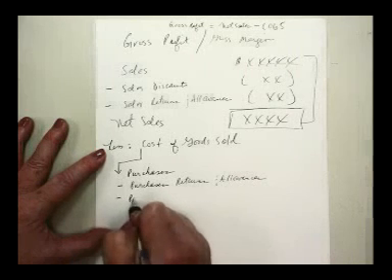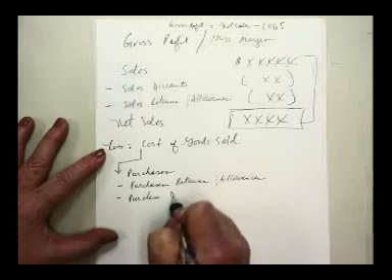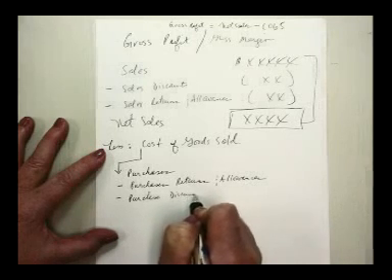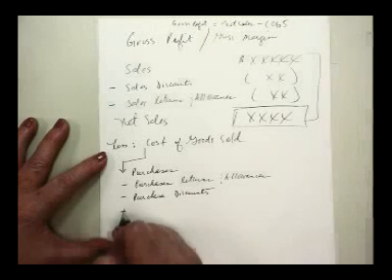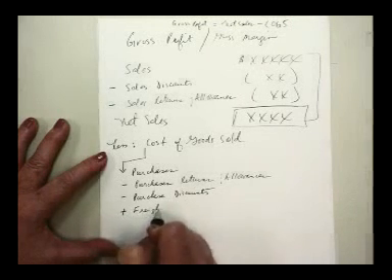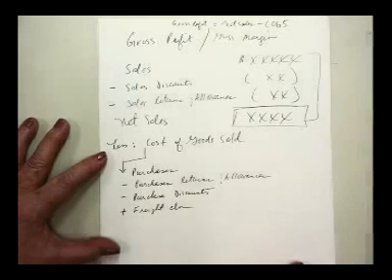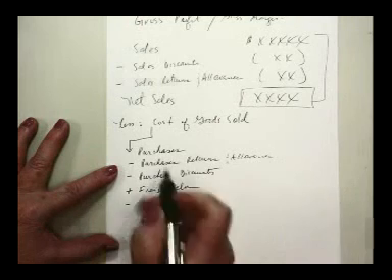We can subtract purchase discounts. And we will add freight in. That is a cost of purchasing our merchandise. Oh, and I forgot one thing.